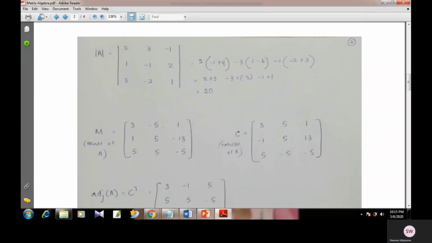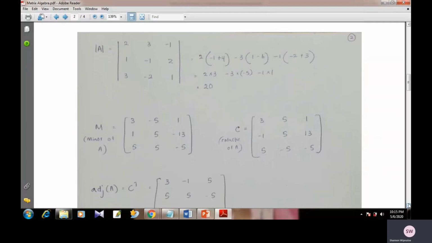Since here we have a negative sign, minus 5 becomes plus 5, and here this is 1. And when you come to the second row, the sign is minus, plus, and minus. So this is minus 1, 5, and 13. Third row is again plus, minus, plus. So this is 5, minus 5, and minus 5. This is called the cofactor of A, or the cofactor matrix.